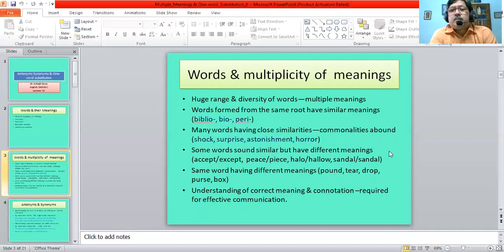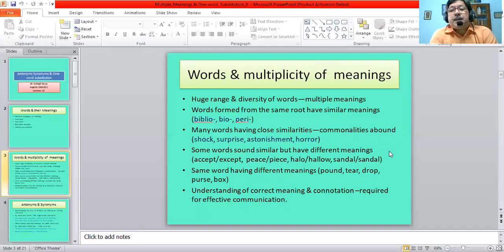Drop, drop down, fall, or a drop of water. Purse, to close up the lips, purse up the lips, or reticule or purse for taking money, another value. Box, a rectangular container made of wood or tin or any other material, or to box somebody's ears, pull somebody's ears hard.